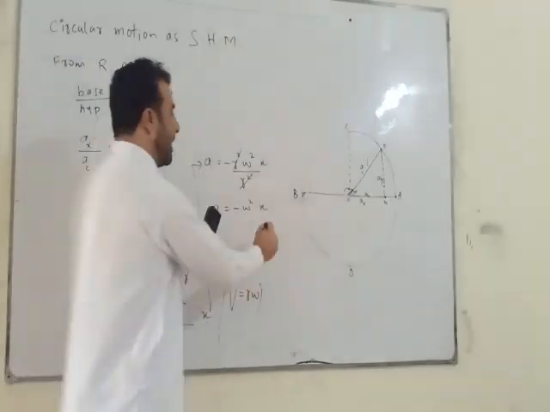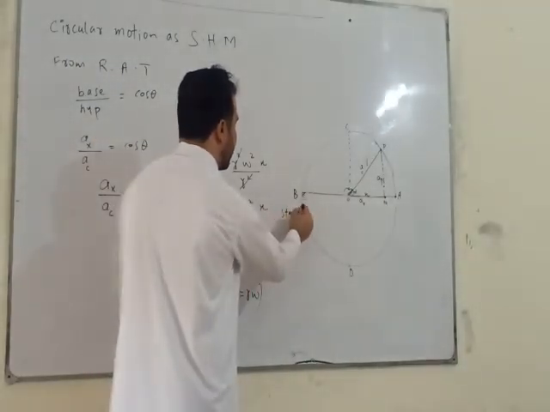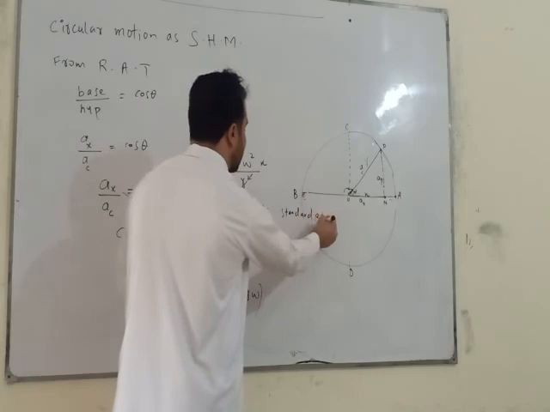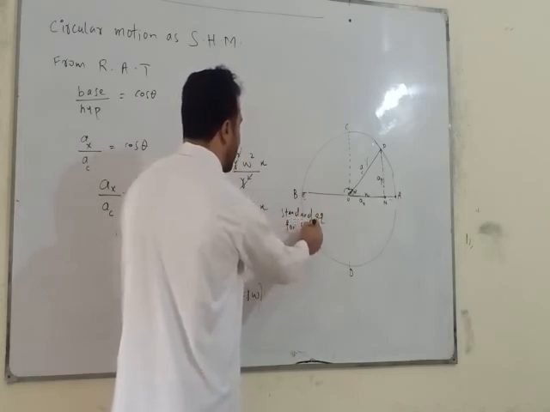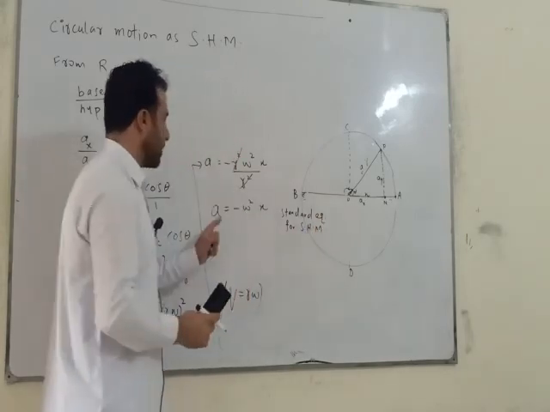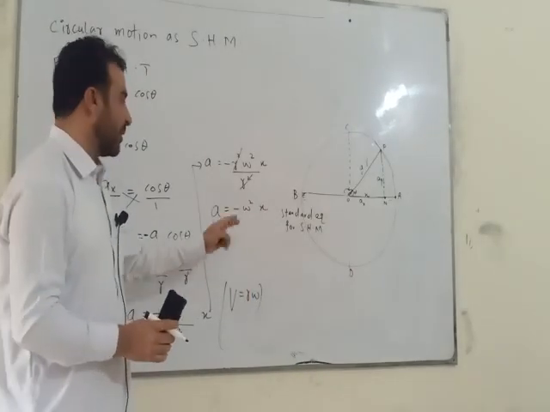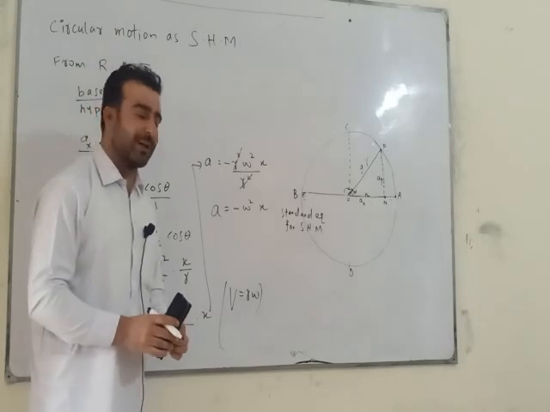Now this is the standard equation for SHM. We already know the standard equation for simple harmonic motion: A is equal to minus omega square x, where omega square is the constant of proportionality.